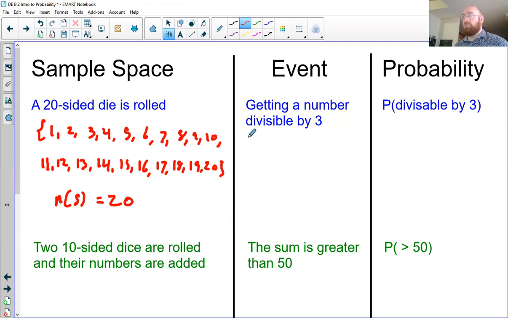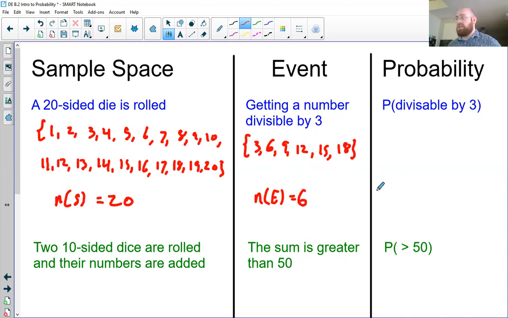Getting a number divisible by 3 is the event. So 3, 6, 9, 12, 15, and 18 are the only numbers from 1 through 20 that are divisible by 3. And so the size of our event space is going to be 1, 2, 3, 4, 5, 6.